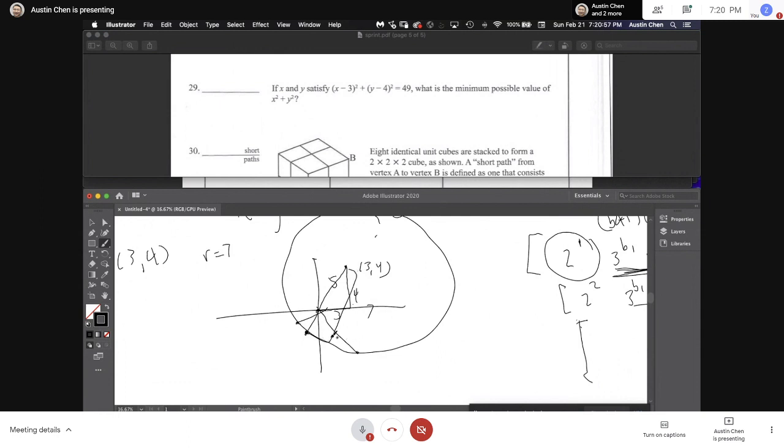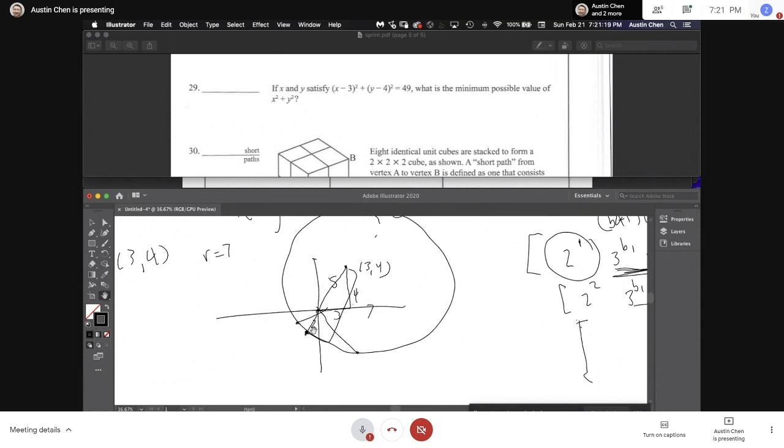And because the whole distance we just said was 7, then this distance from the closest point to our origin is going to be 2, right? And this is what we wanted, right? Because x squared plus y squared was going to be the distance squared, right?